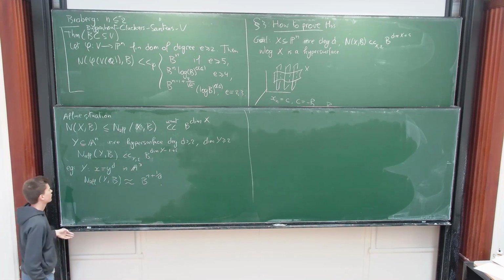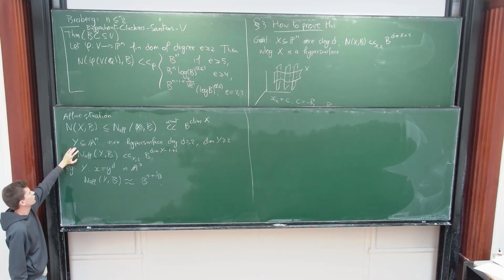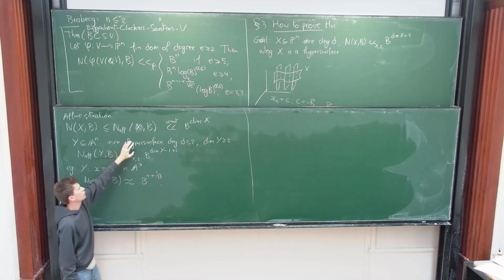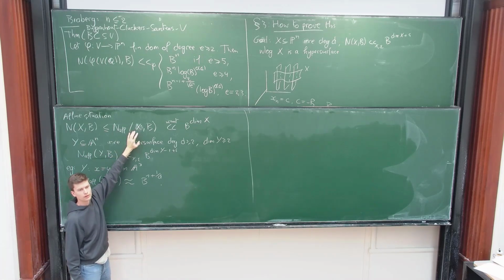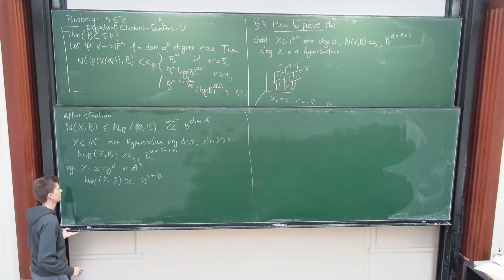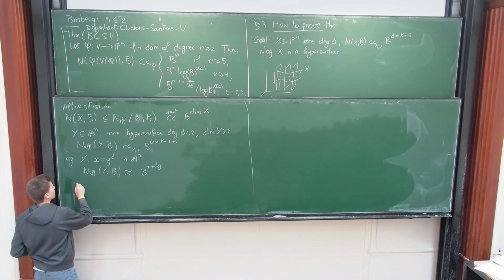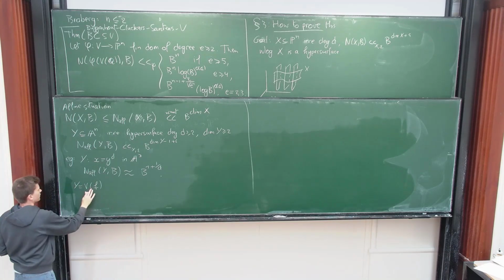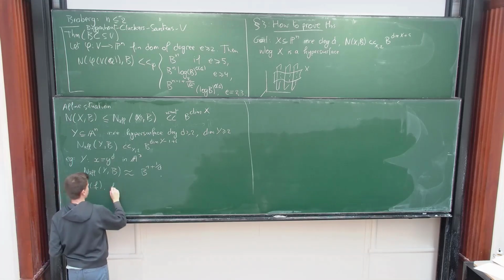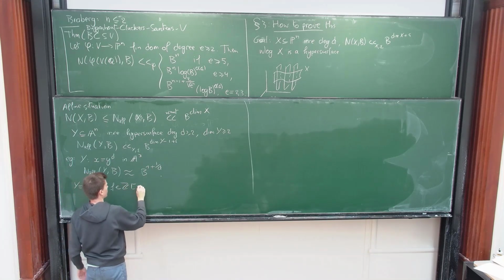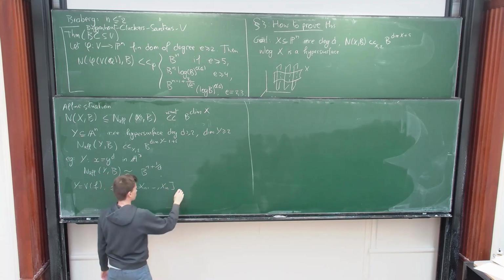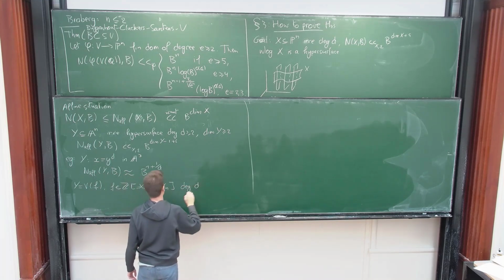So the solution is to add some extra assumption on y, so that you can hope to prove this, and which is always true if you take an affine cone of a projective variety. So the condition is the following. y is defined by some polynomial f of degree d.